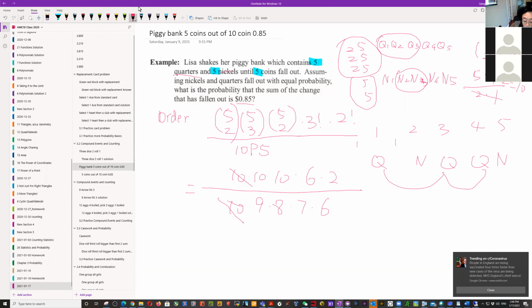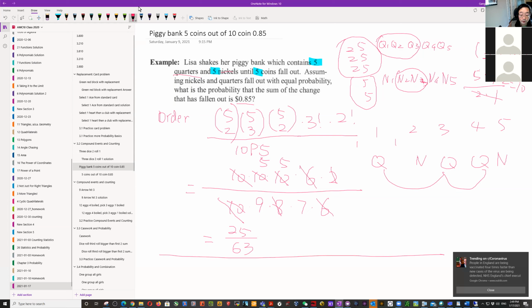So we cancel, then the 8 can cancel the 2 here, and basically we get 5, 5. So it's going to be 25 over 63. So this is the ordered tuple.